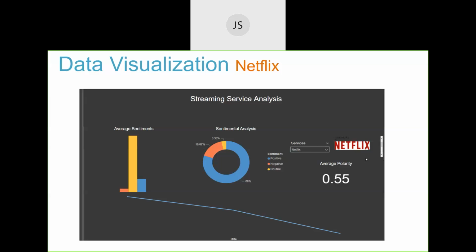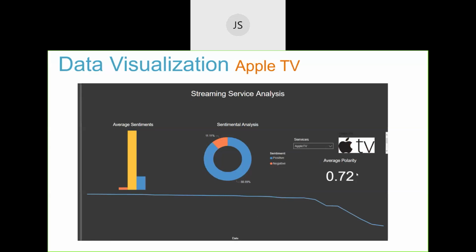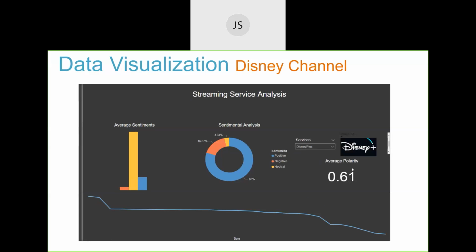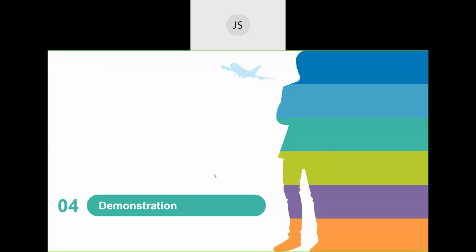So we have the analysis on Netflix, Apple TV, Hulu, and Disney Channel. So from here, June, who is the programmer in this project, will demonstrate her code from now on. Thank you.